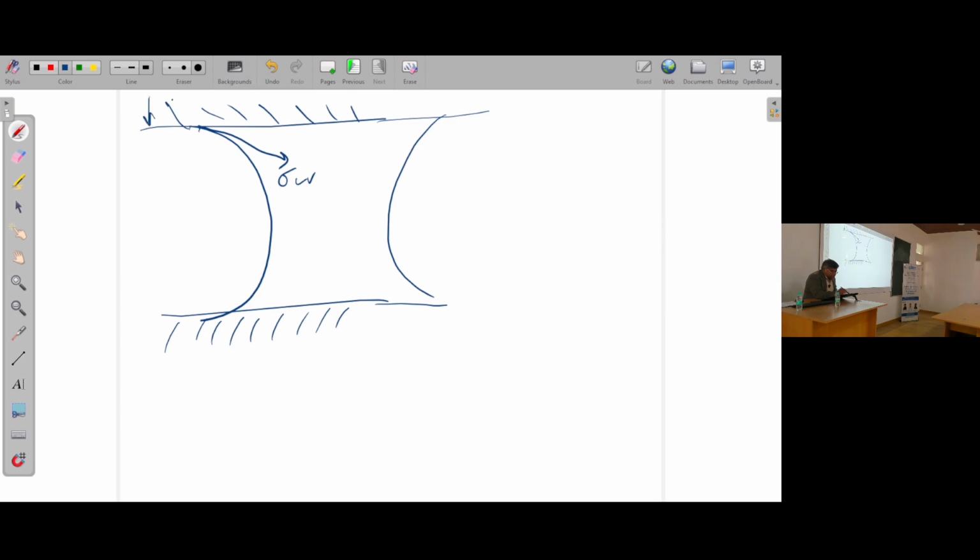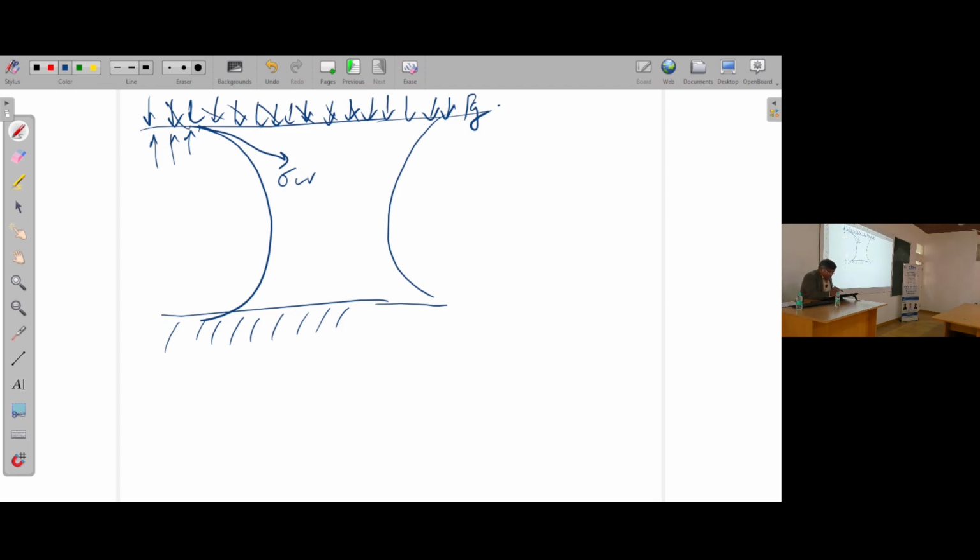The gas pressure is applied onto this plate. This is P gas. The P gas is also going on from here, so you also have gas pressure applying onto that side.